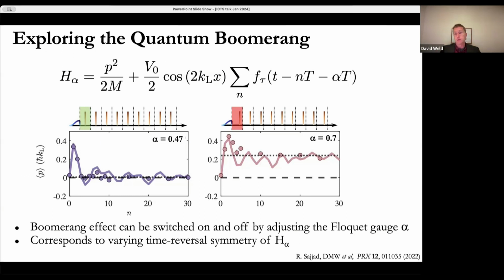And those are exactly the points where, if you tune the Floquet gauge there, you get a quantum boomerang effect. So you don't have to have this particular set of phases and occupations of a momentum space eigenbasis for the boomerang effect to occur. But if you have a different one, you may need to tune the Floquet gauge to a different value.